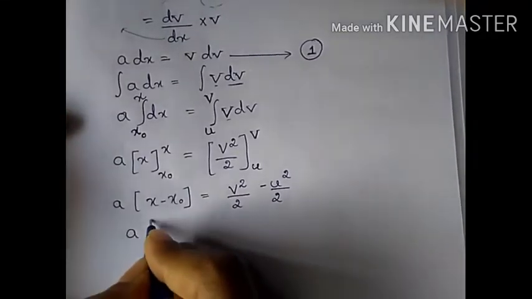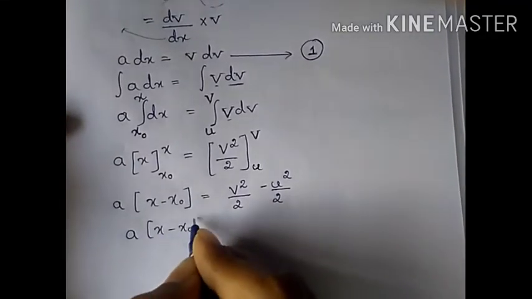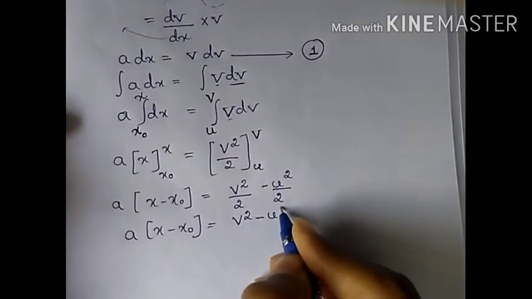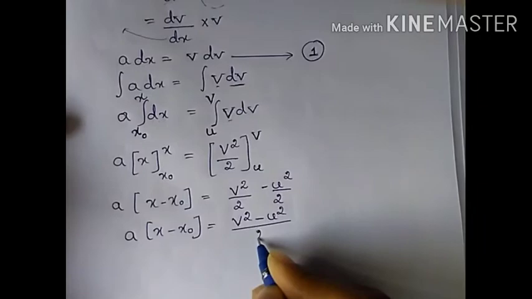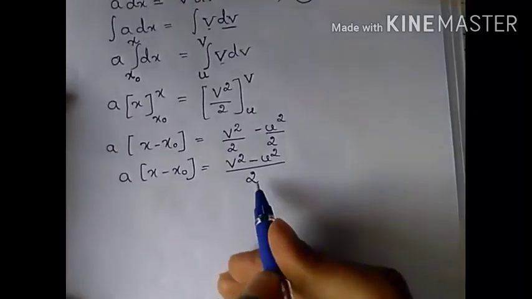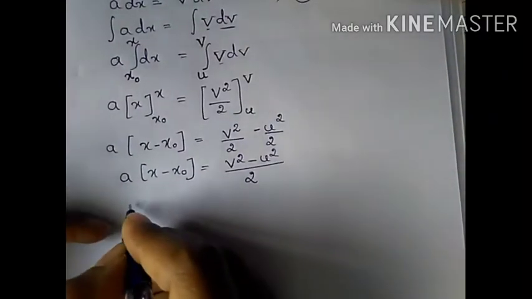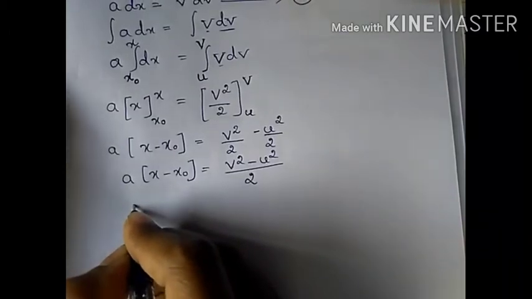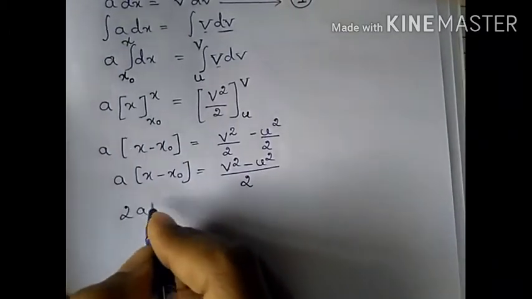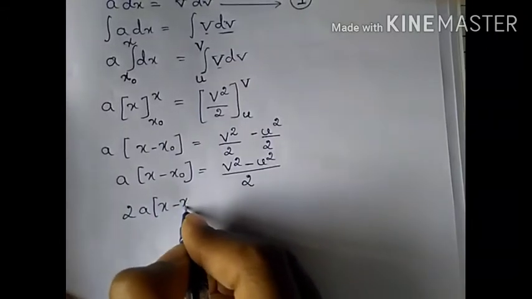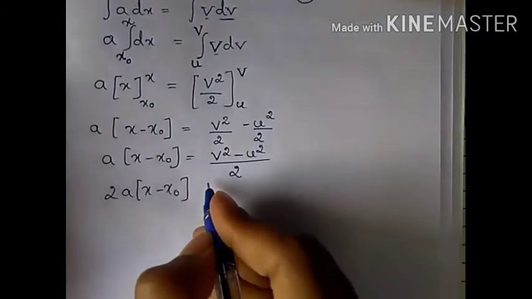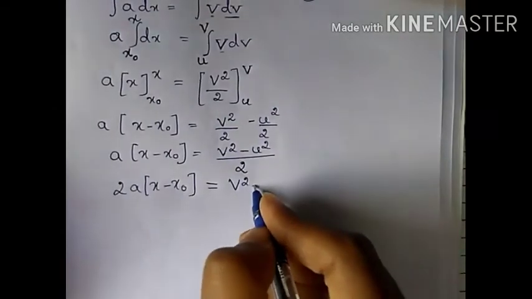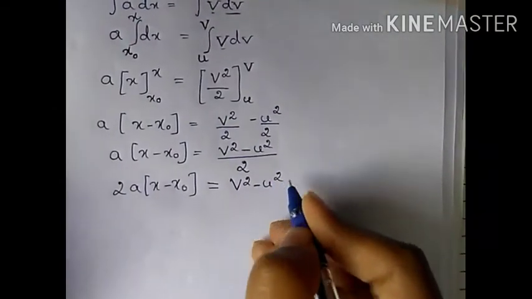So a (x minus x0) equals (v square minus u square) by 2. Send the 2 to this side, and the left hand side will be 2a (x minus x0), which is equal to v square minus u square.